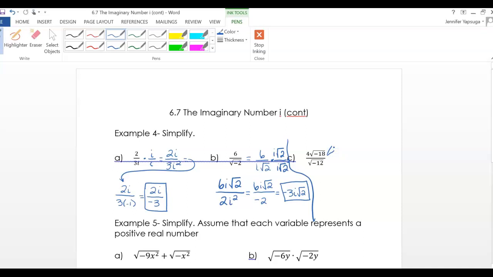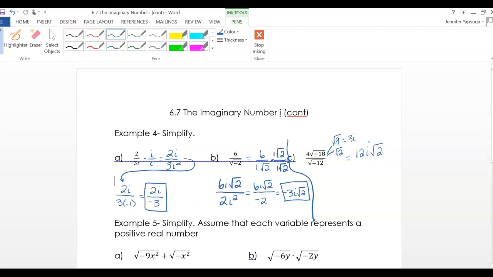That is going to be broken down into the square root of -9 and the square root of 2, so this is 3i, and then we still have the square root of 2. So this numerator, if I combine everything, my 4, my 3i, and my square root of 2, I end up with 12i times the square root of 2.